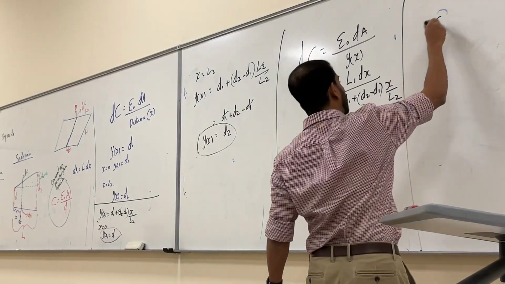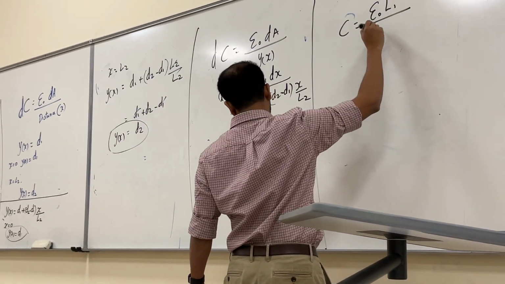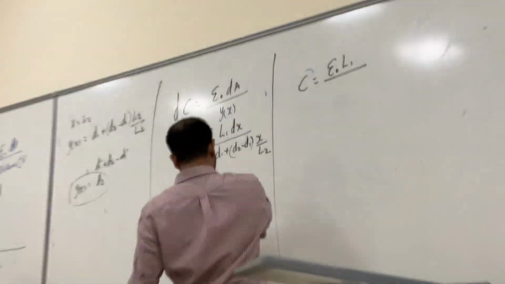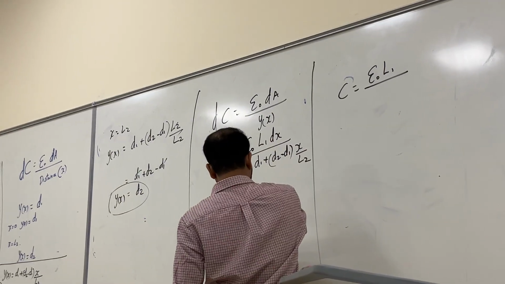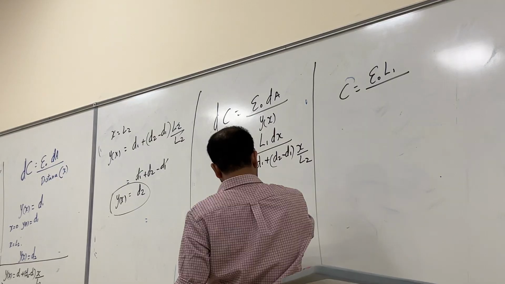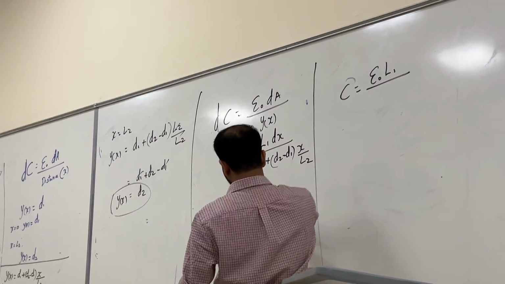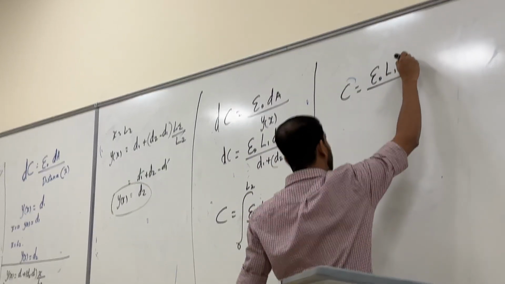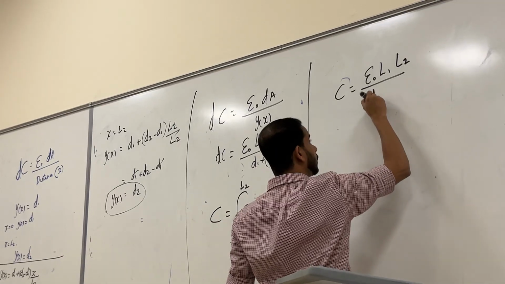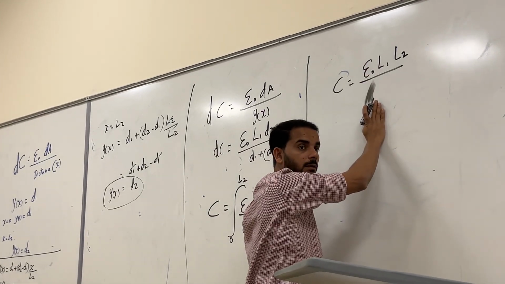Now, you can take the constants outside, epsilon 0 L1 over, maybe you can multiply this L2 with d1, and you can take the L2 out of the bracket. Can you consider d2 minus d1 over L2 as just a constant? You can do that. Professor, but if you distribute it as a denominator, it's going to have an x, so you have to keep it inside to integrate it.